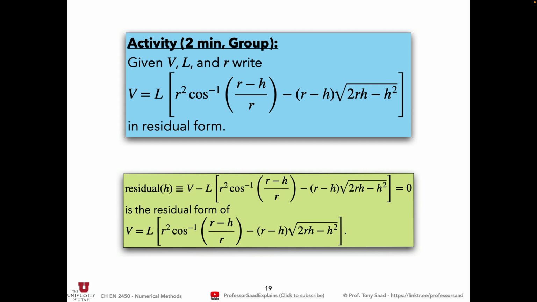That entire statement here, you call that residual r of x. In this case, r of h, because our variable of interest is the height. We're trying to find h. That's our unknown. And then finding the root of the residual means finding r of h equals 0, finding the values of h that make the residual function equal to 0.